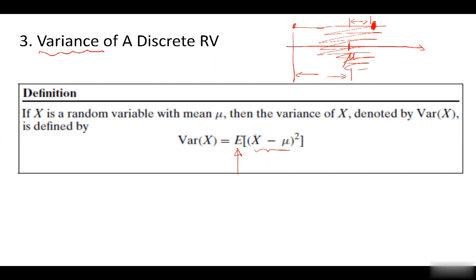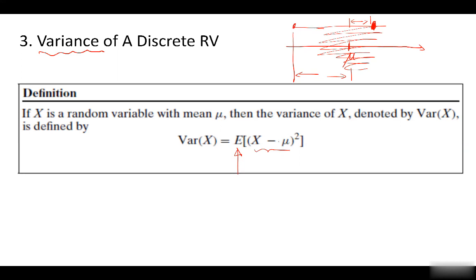Sometimes X is less than mu, sometimes it's greater than mu. In order to make it make sense, we make it squared. If it's squared, it's always a non-negative number, right?